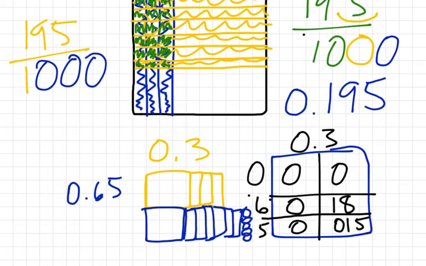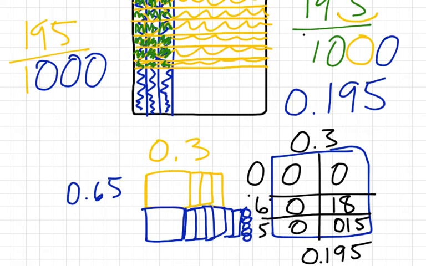I'm going to write the 0 in front of it just to remind myself, and then you can add those together and you would get 195 thousandths. So both of these methods would work effectively when multiplying.